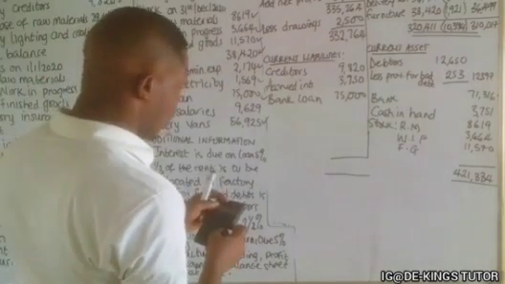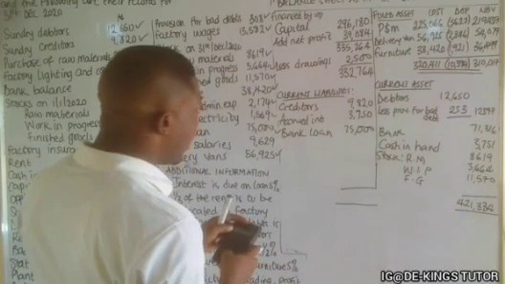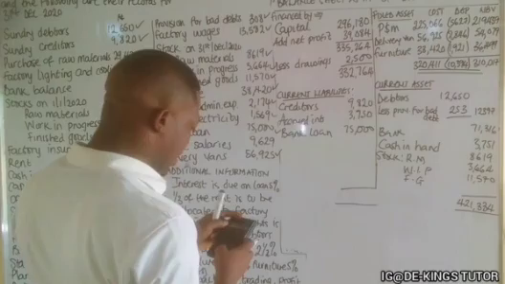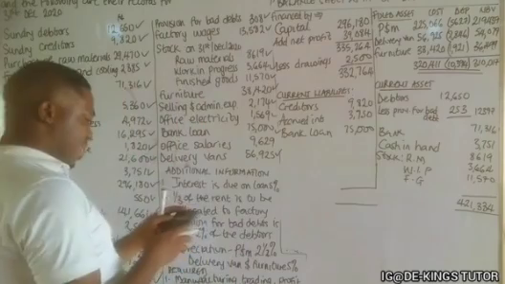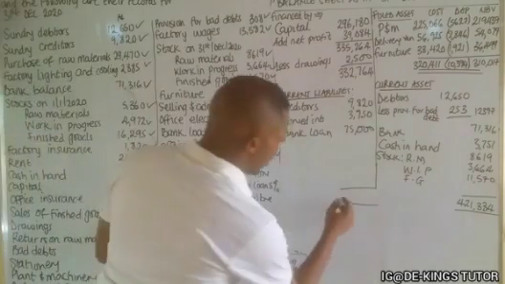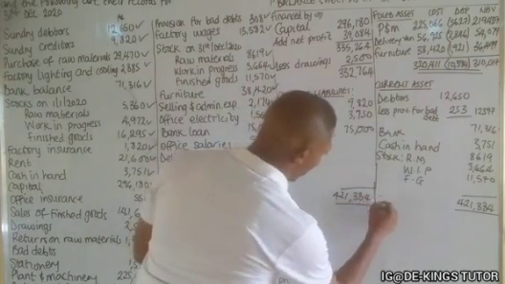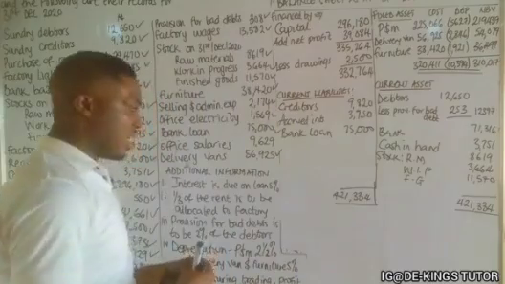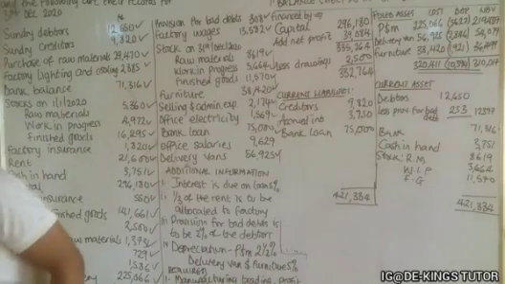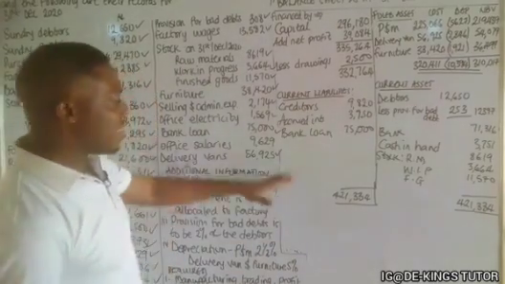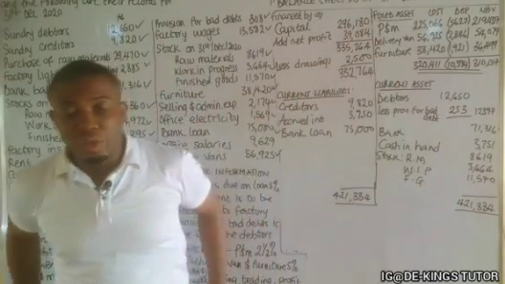So if we calculate 332,764 plus 9,820 plus 3,750 plus 75,000, it gives us the same 421,334. So that is how to prepare the balance sheet of the manufacturing, trading, profit or loss account.